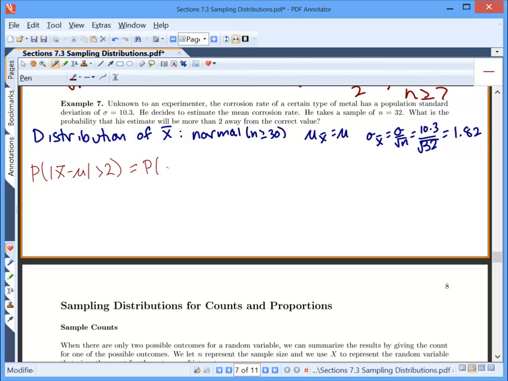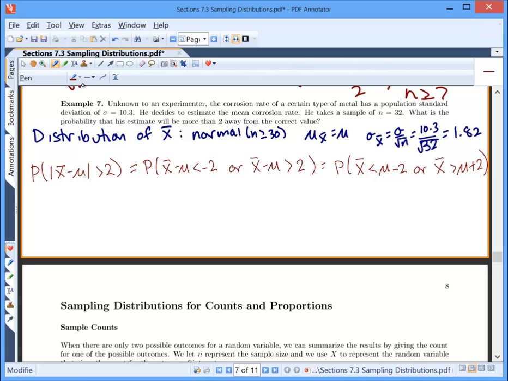So I could rewrite it as the probability that x bar minus mu is less than negative 2, or x bar minus mu is greater than positive 2. I can rewrite this once again as the probability that x bar is less than mu minus 2, or x bar is greater than mu plus 2.